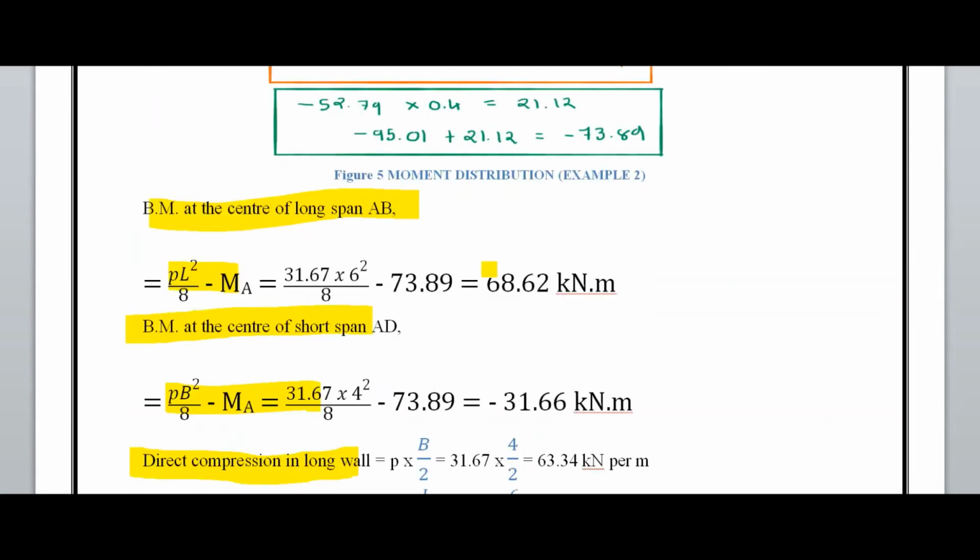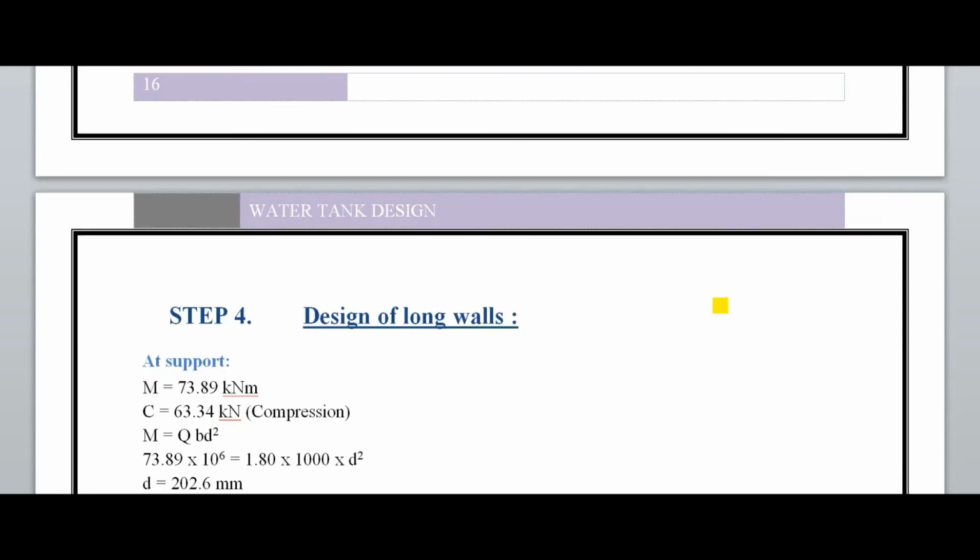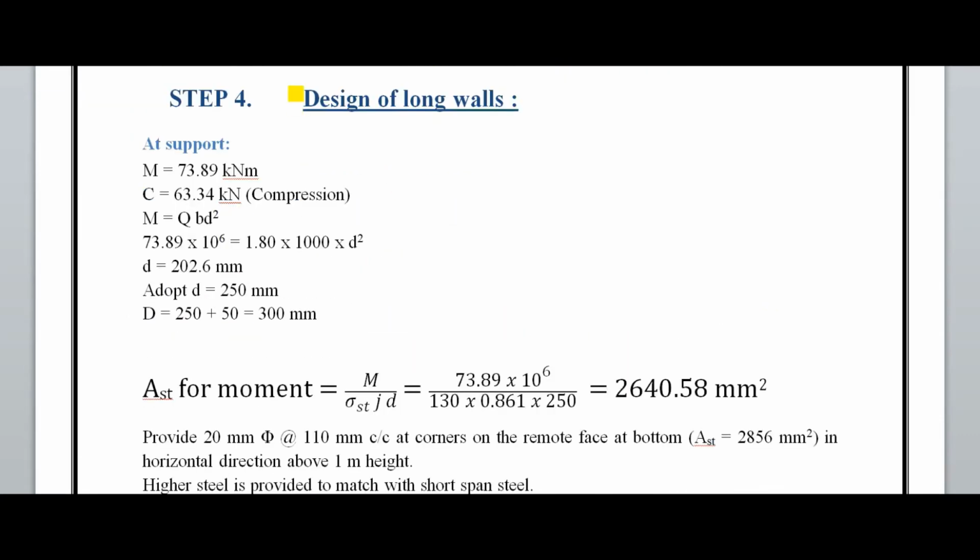Here the center moment is 68.62, and the center moment in the AD is minus 31.66, with P into B by 2 and P into L by 2. So there is direct compression in the long wall 63.34, and direct compression in the short wall 95.01. Now we are going to start the design of the long wall.